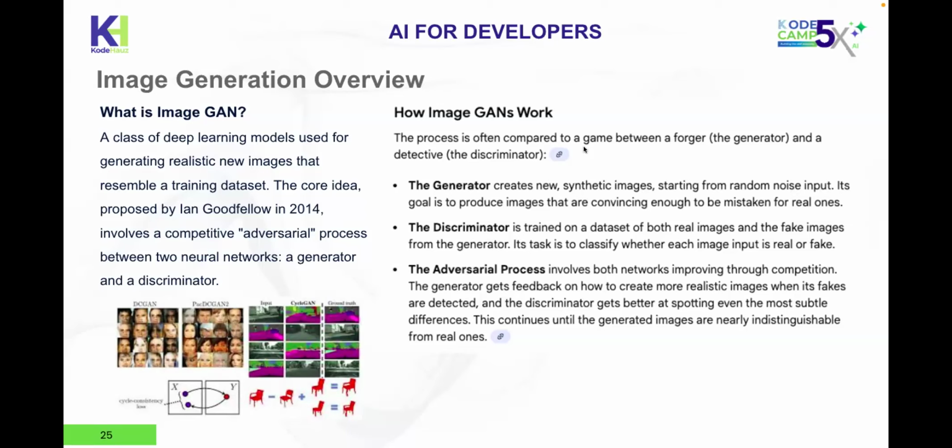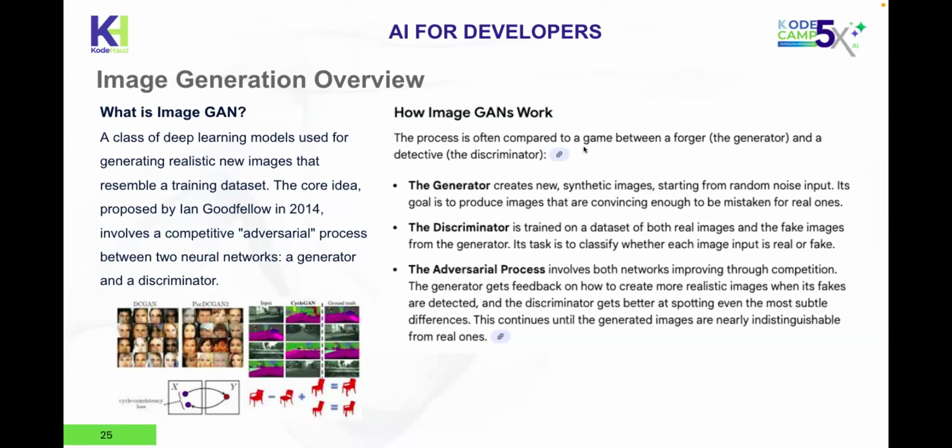So the adversarial process involves both networks improving through competition. The generator gets feedback on how to create more realistic images when its fakes are detected by the discriminator. The discriminator also gets better at spotting even the most subtle differences between the generator's images and the real images. So you have the two of them continuously put in this process of competing.